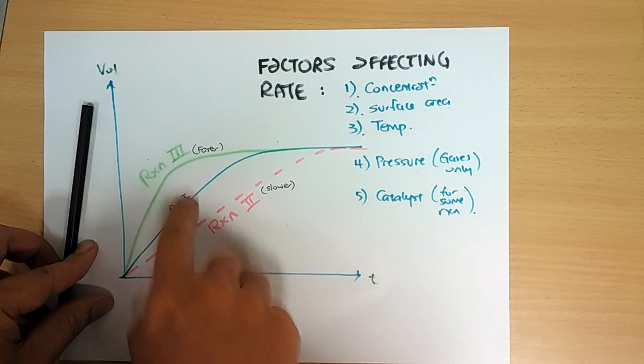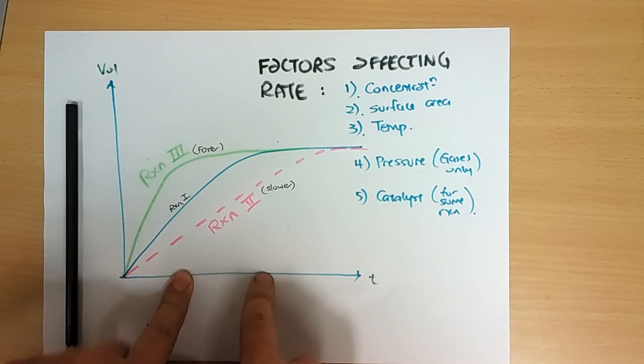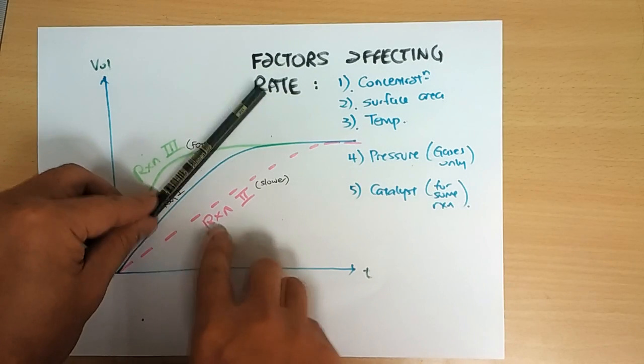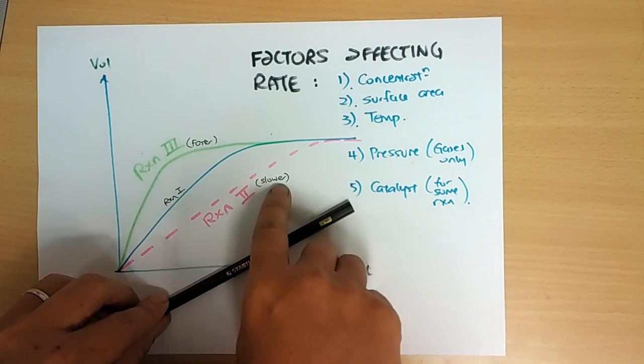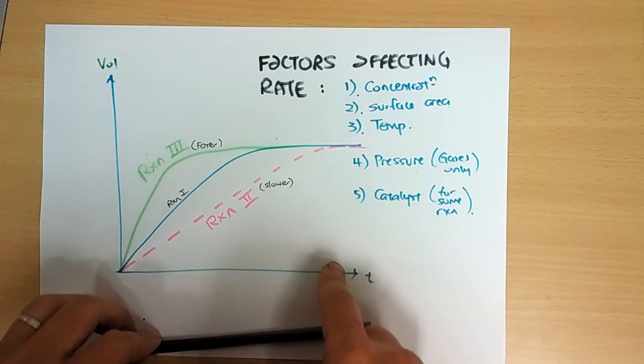The time for the reaction to end will be around here, earlier as compared to reaction 1. Now if the reaction is slower, the gradient will be gentler compared to reaction 1. So reaction 2 is slower and it will take a longer time to end.